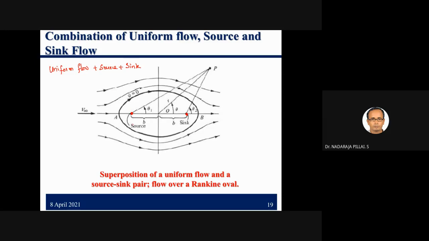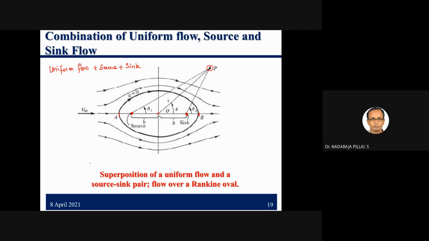So let us consider a source flow and a sink flow kept at a distance of B from the origin. We consider O, right? And A and B are the points at the end of the oval, right? And let us say the stream function for the combined flow at any point P that we are interested in, right?